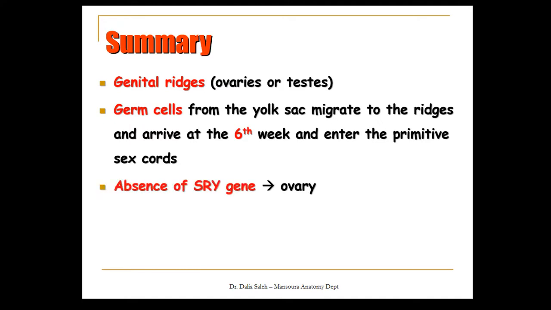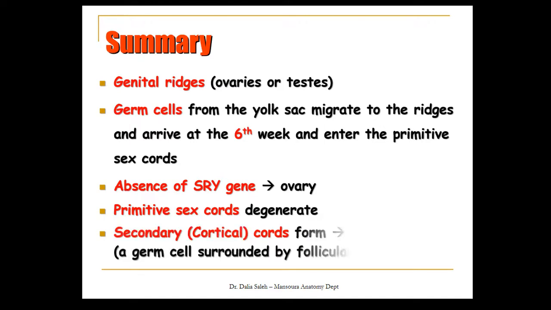Due to the absence of the Y chromosome and the SRY gene, the default pathway of this indifferent gonad will transform into ovaries. The primitive sex cords will degenerate. Another wave of secondary or cortical cords will form and they remain close to the surface. They are formed of a germ cell surrounded by follicular cells.